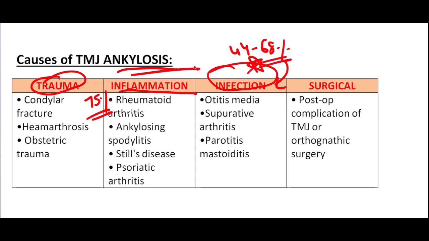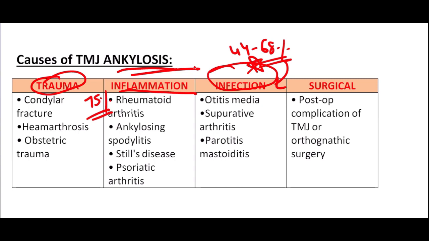Firstly, the joint infection can arise in several ways. They might result from systemic infections like osteomyelitis, septic sore throat, scarlet fever, tuberculosis, meningitis. So these conditions can lead to bloodstream infections that may affect the TMJ.